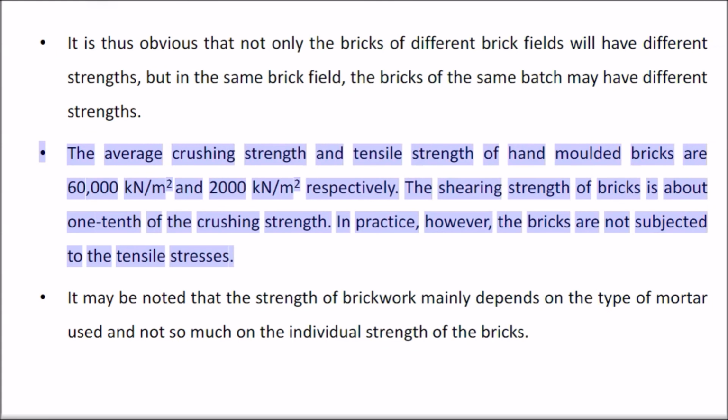The average crushing strength and tensile strength of hand-molded bricks are 60,000 kN/m2 and 2,000 kN/m2 respectively. The shearing strength of bricks is about 1/10 of the crushing strength. In practice, however, the bricks are not subjected to the tensile stresses.